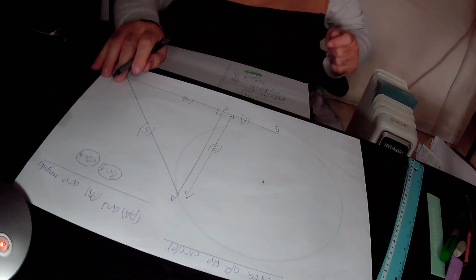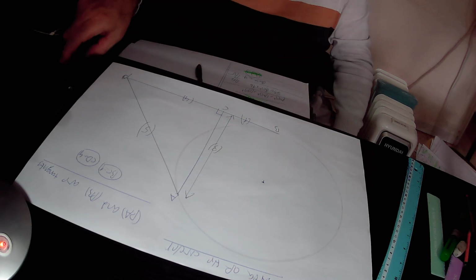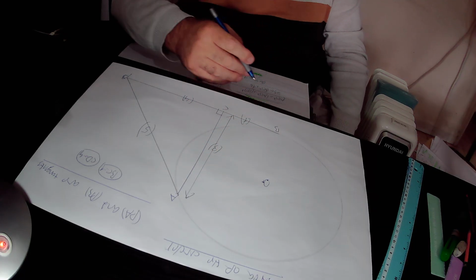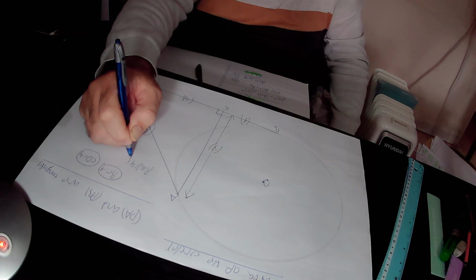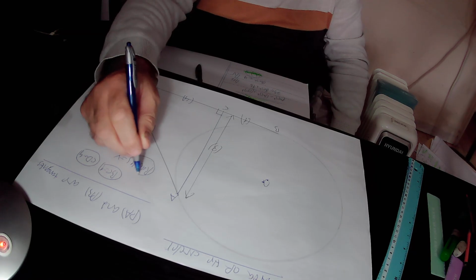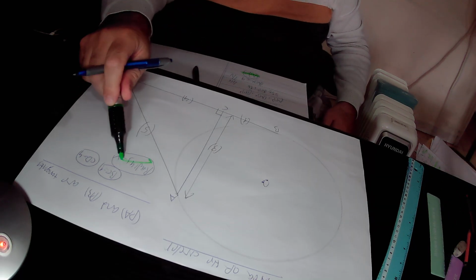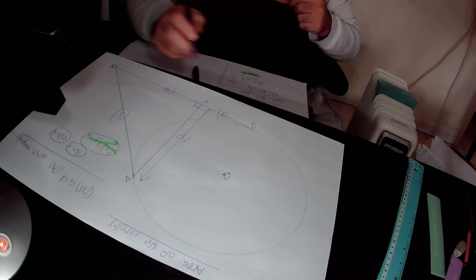In the next step, we will define the center of this circle. This point is point O. We will define the radius of this circle as x. Point B is the point of tangency of tangent PB with this circle.